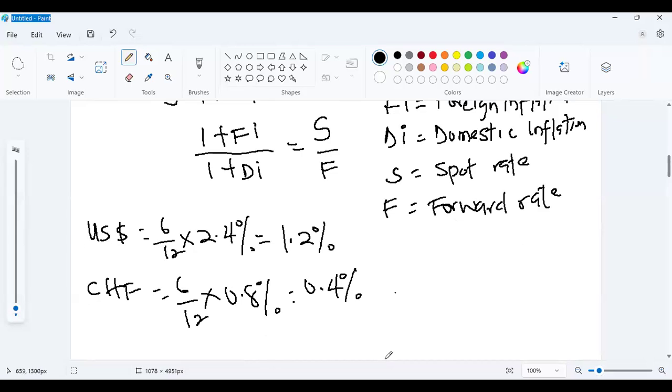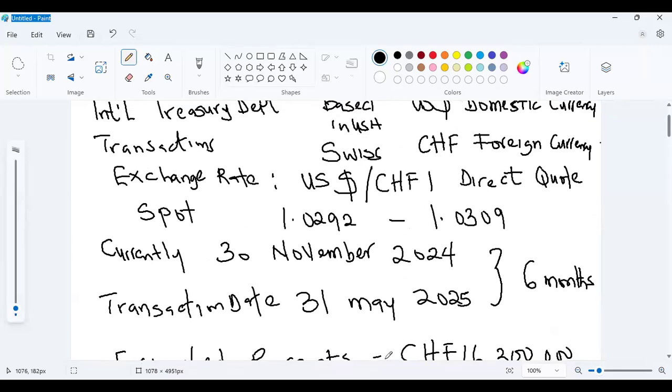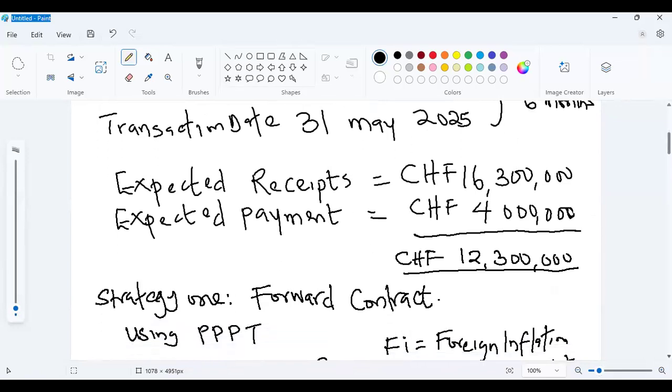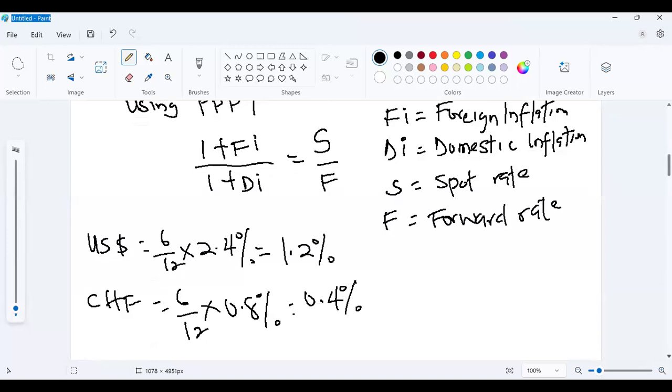Good. Now remember that we have determined the foreign inflation. CHF is the foreign currency, which means the foreign inflation is for CHF. Domestic inflation is for the US. Before that, look at the spot rates.